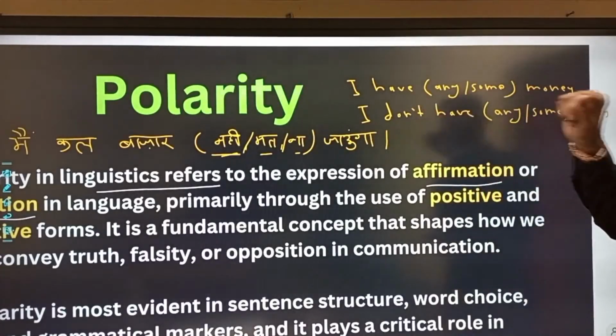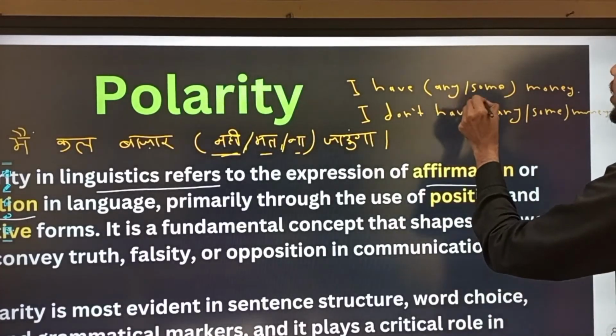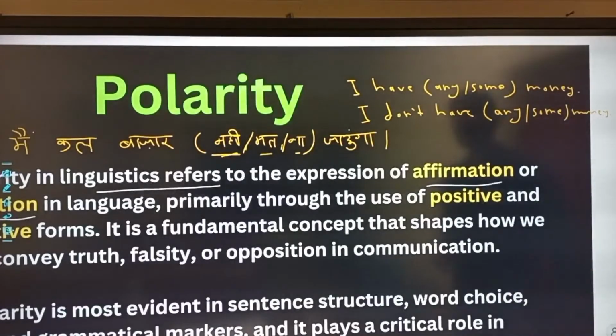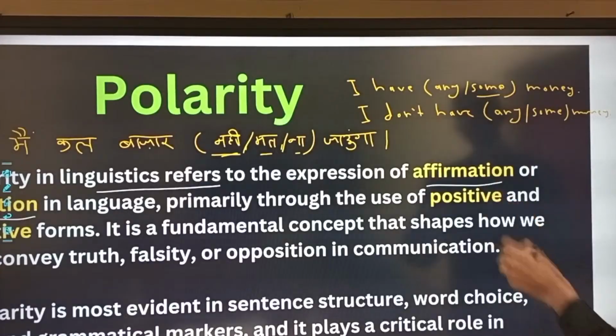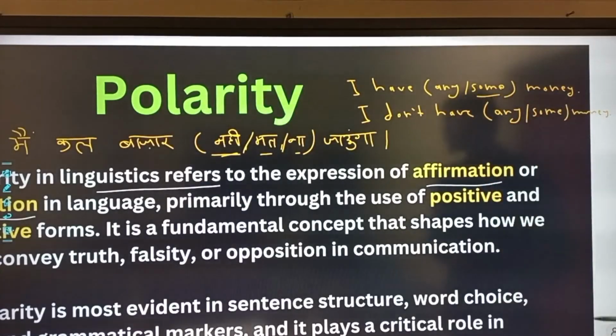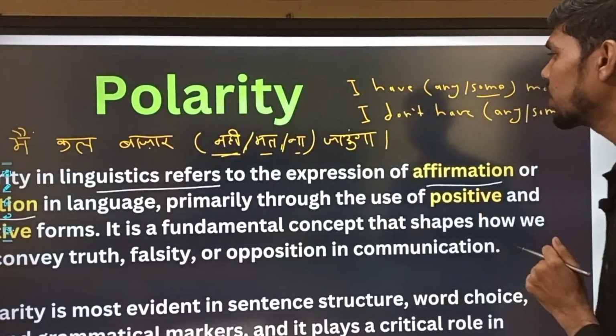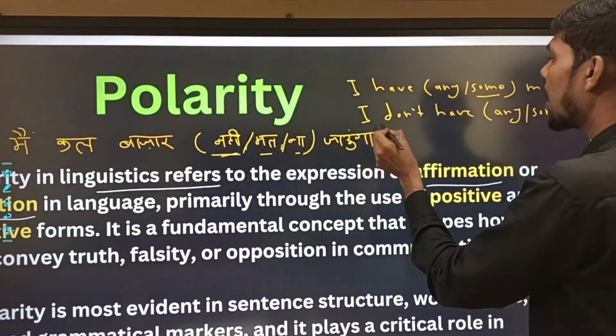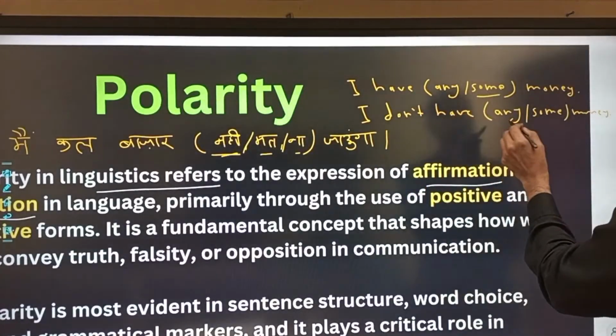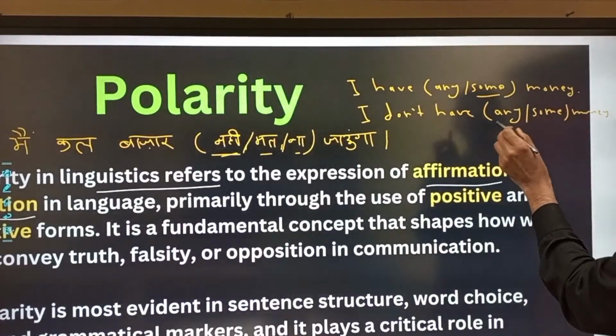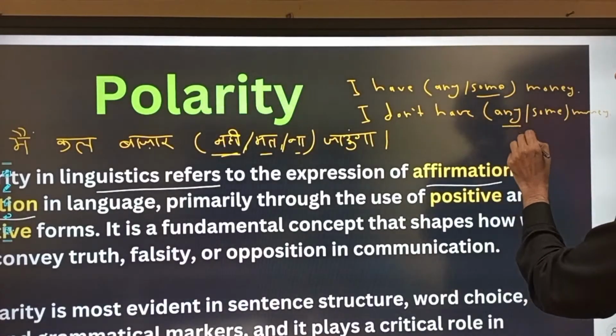Think about this sentence: I have any or some money. What is appropriate here? Some, right? I have some money. And in the negative sentence, I don't have any money. So any is appropriate here.